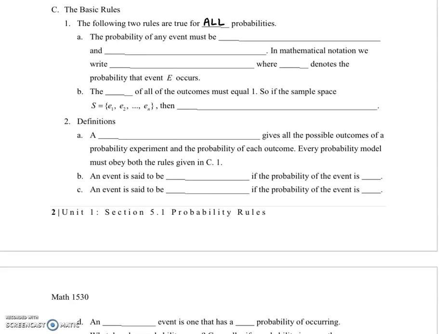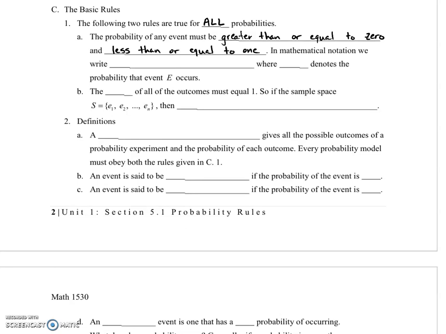The probability of any event must be greater than or equal to 0, and it also must be less than or equal to 1.